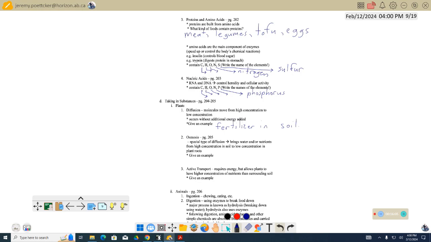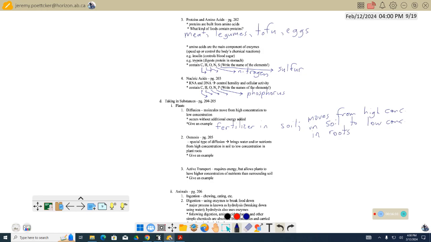Fertilizer moves from high concentration in the soil to low concentration in the roots.